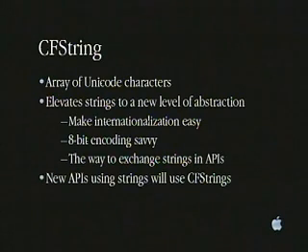Conceptually, a CF string is an array of Unicode characters. However, because the implementation is hidden behind the opaque CF string type and its functions, a CF string can be smart about how it stores those characters and use 8-bit encodings if possible, or do other tricks for performance.